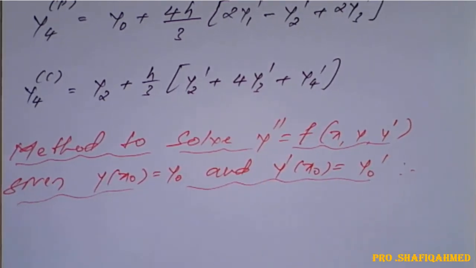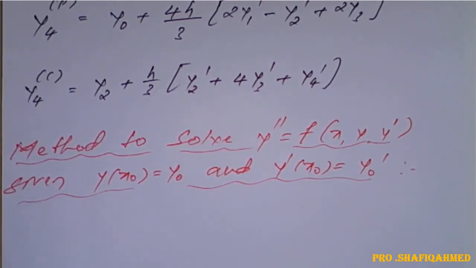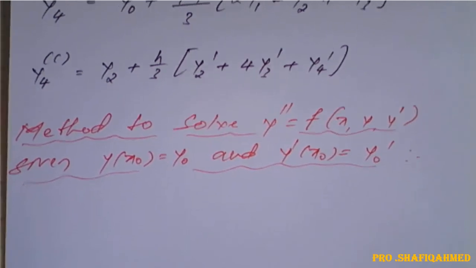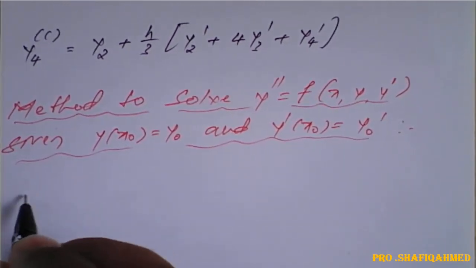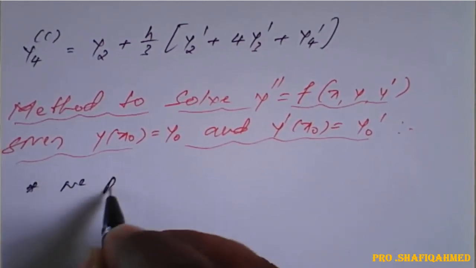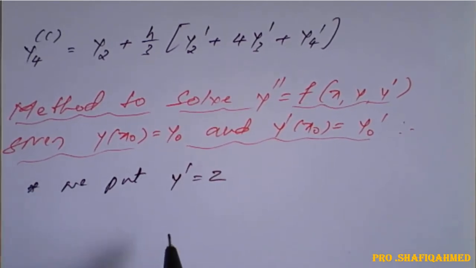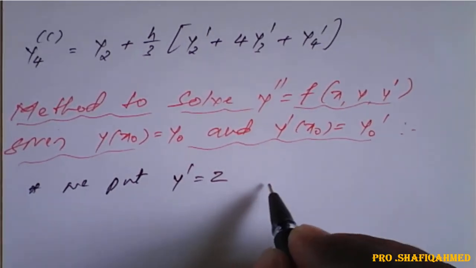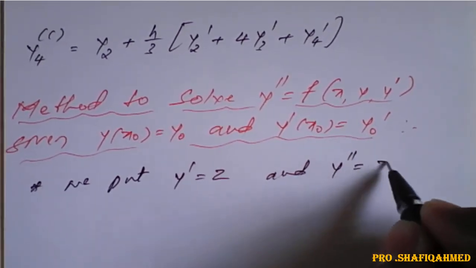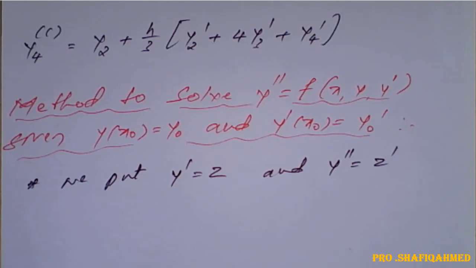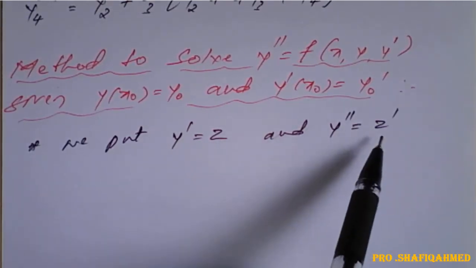So to perform this method we need to replace. Once again I will recall the situation here. To simplify, first we put y dash is equal to z, and y double dash we put as z dash. So we put y dash is equal to z and y double dash is equal to z dash.